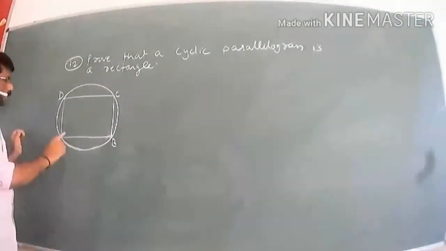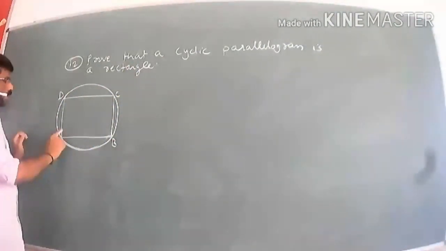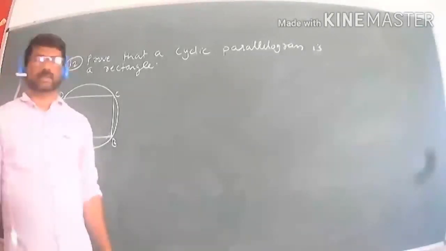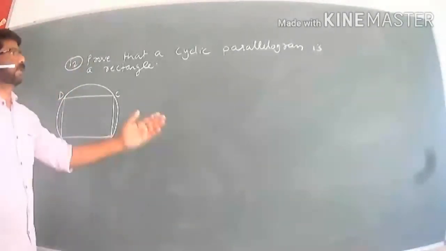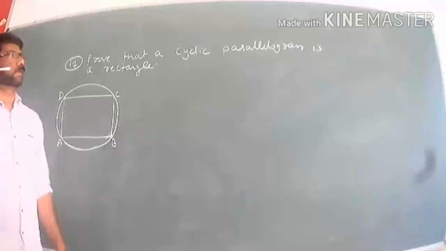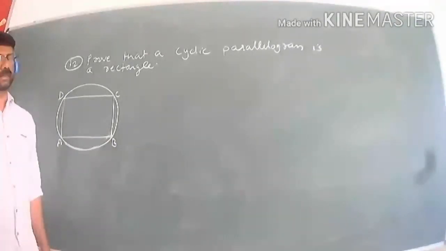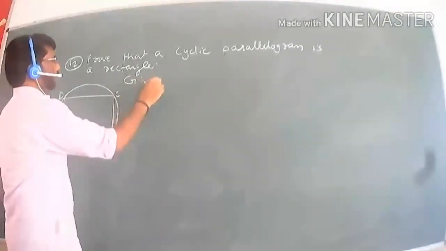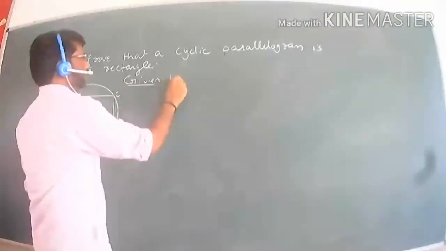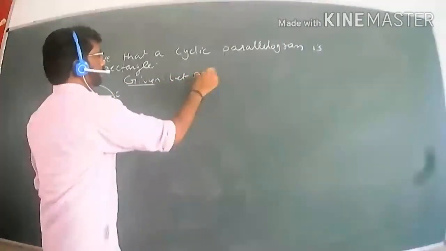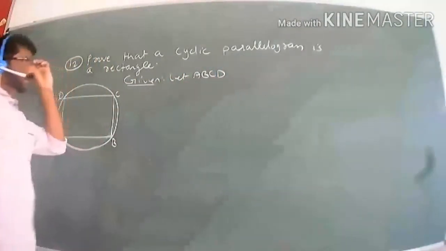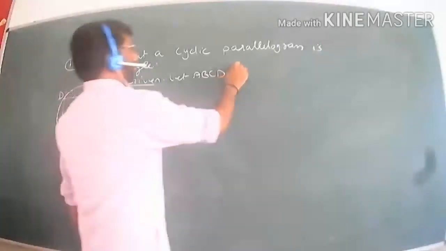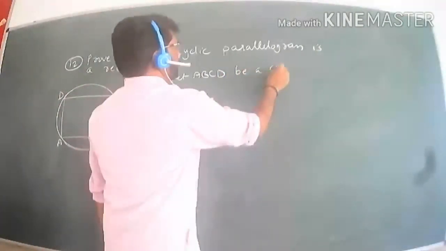For proving, we need to prove any one angle, angle A or angle B, any one angle. If you are able to prove that it is 90 degrees, then we can prove that the parallelogram is a rectangle. So let us see how we can prove. Given, we are writing: let ABCD be a cyclic parallelogram.